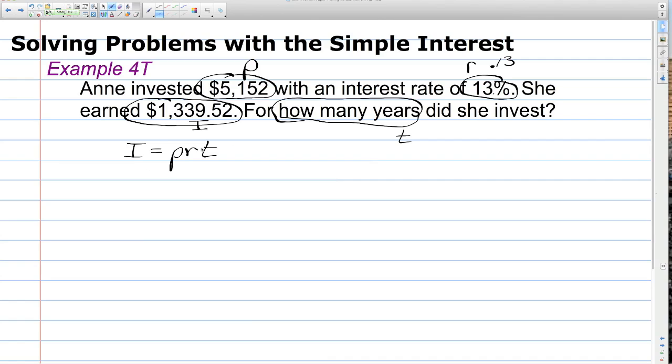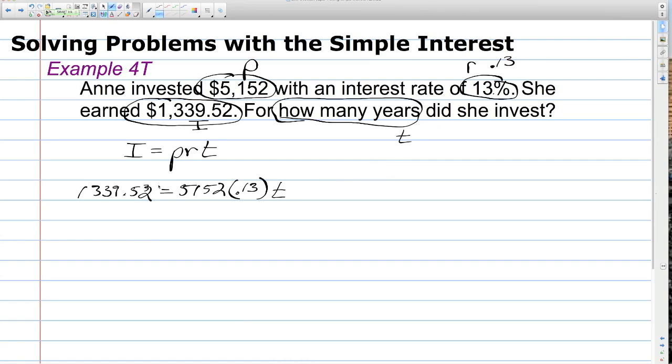So, substituting in, we have 1,339.52, not 53, but 52, equal to the principal, 5,152, times the interest rate, which is 0.13, and we have to solve for the time.